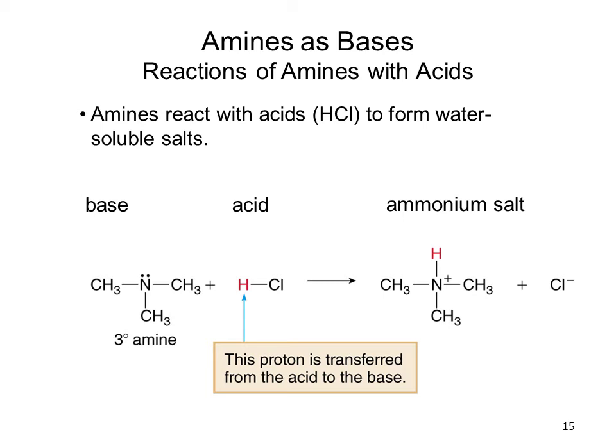That conjugate base of the acid and the protonated amine is a salt together. You can see there's a positive ion and a negative ion, and you can actually cause this to crystallize, just like sodium chloride, a typical salt that you would get from other acid-base reactions. These salts are called ammonium salts because they have nitrogen in them.